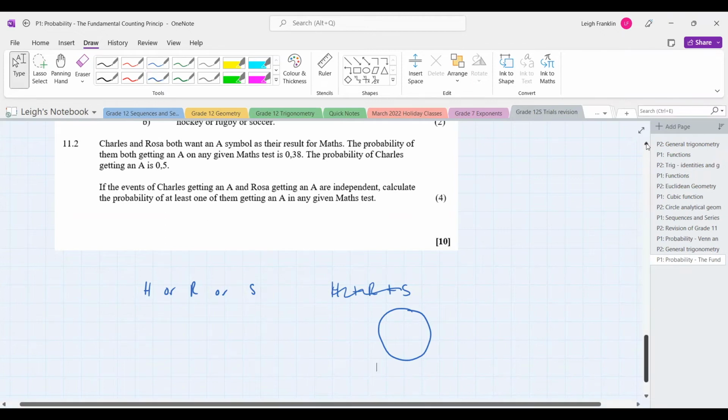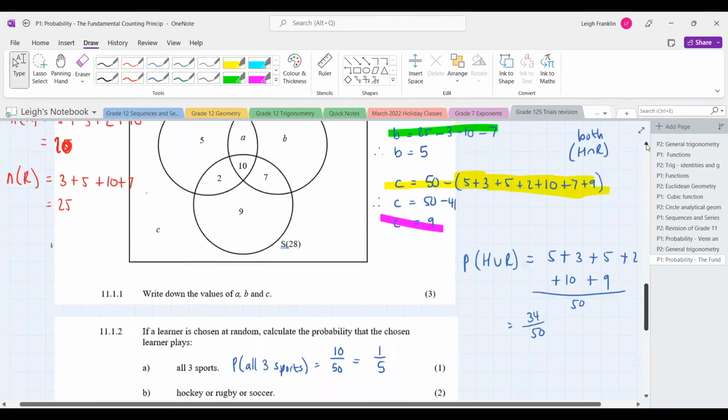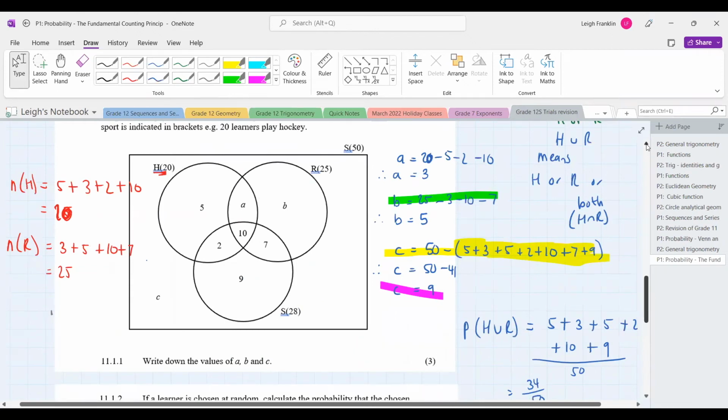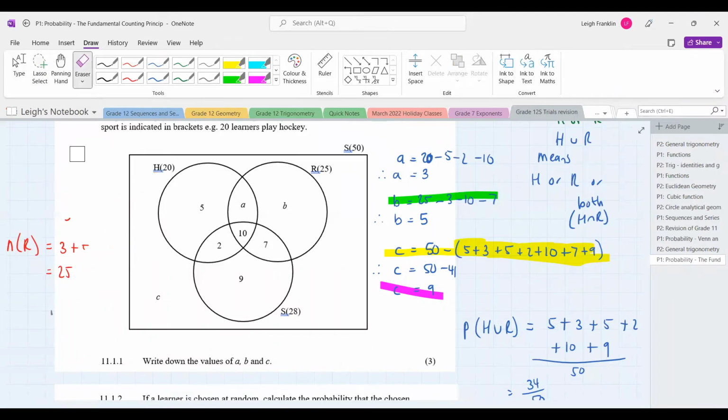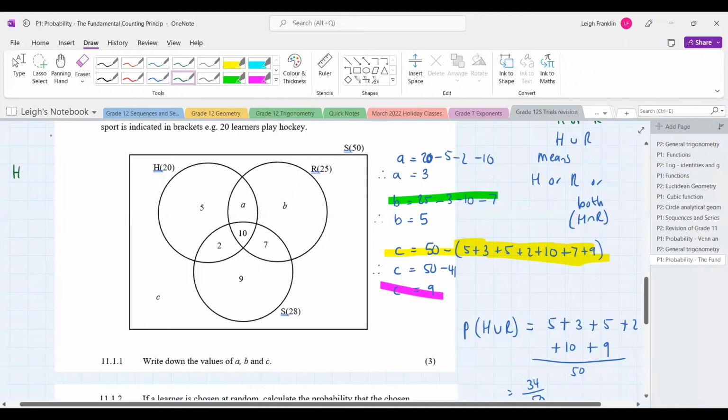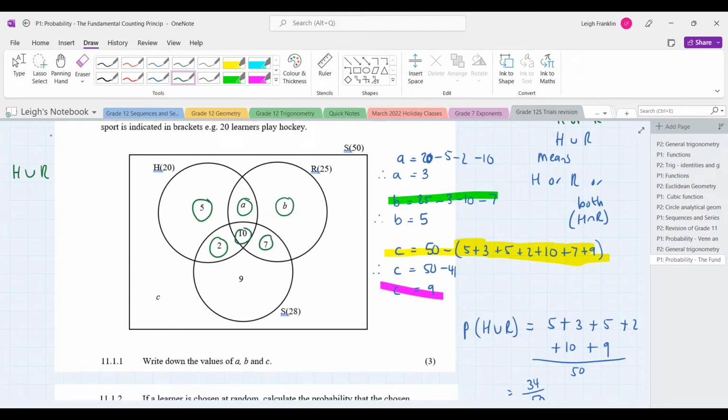Okay, so let's do this. Hockey or rugby means we've got to take this 5 here, that A there, that 2 there, that 10 there, that B there, and that 7 there, because that is everything that is inside the union of these 2 sets.